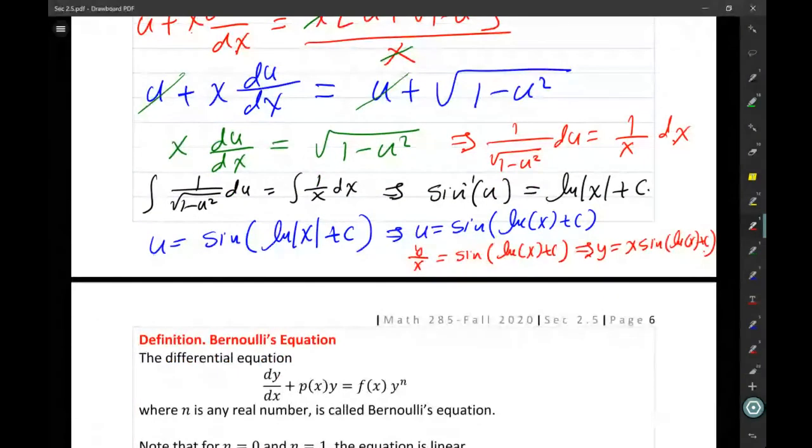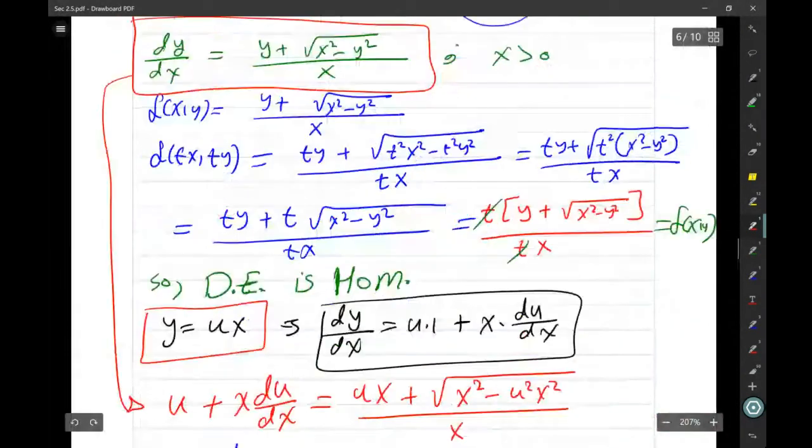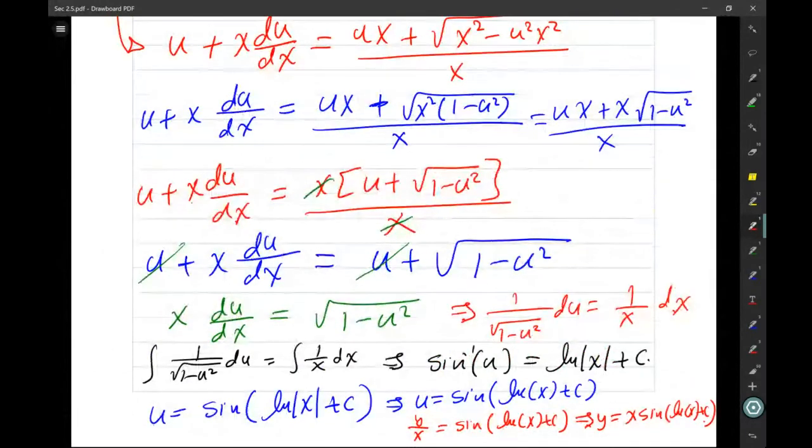Is it clear here? Any question about this example? It's very simple and straightforward.